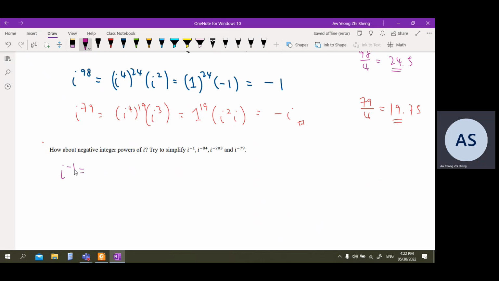First of all, i to the power of negative 1, just like the usual 2 to the power of negative 1 is just 1 over 2, so similarly, i to the power of negative 1 is 1 over i. Okay. Now, what happens if I multiply top and bottom by i? I have 1 over i times i over i. So that gives me i over i squared, and I know i squared is negative 1, so that gives me negative i eventually. And so i power negative 1 would give me a negative i.